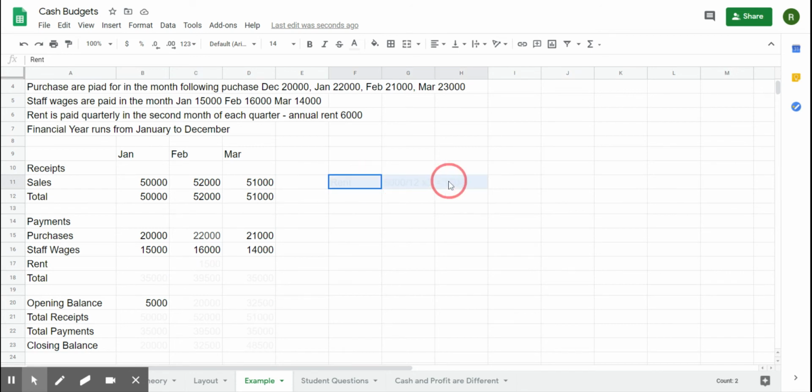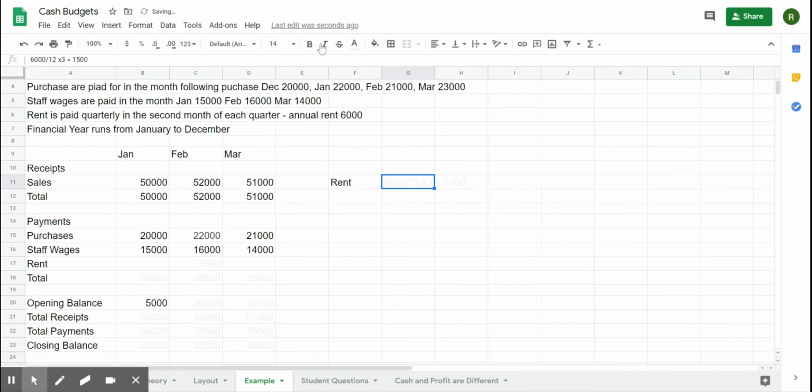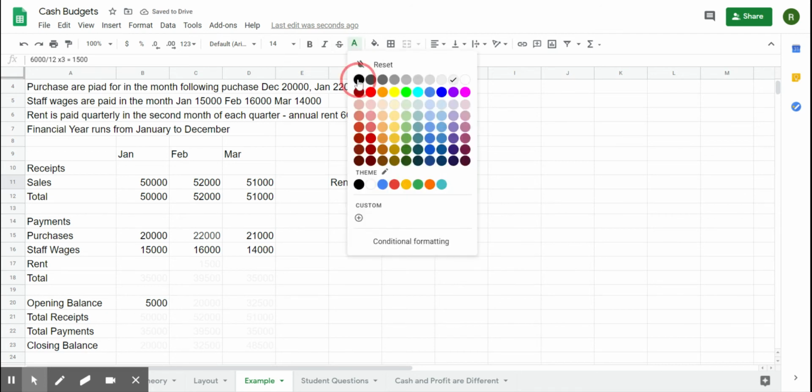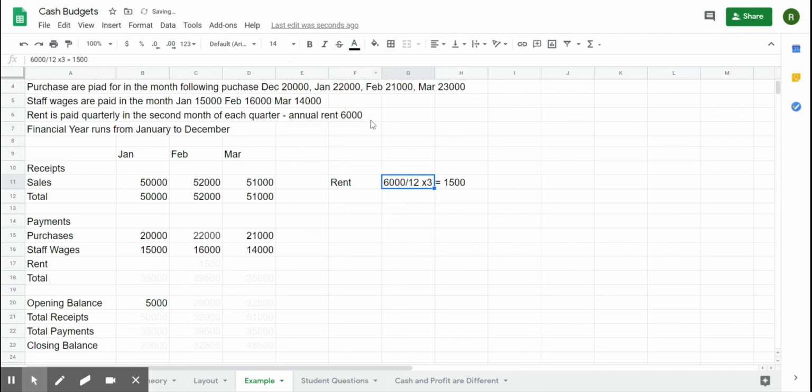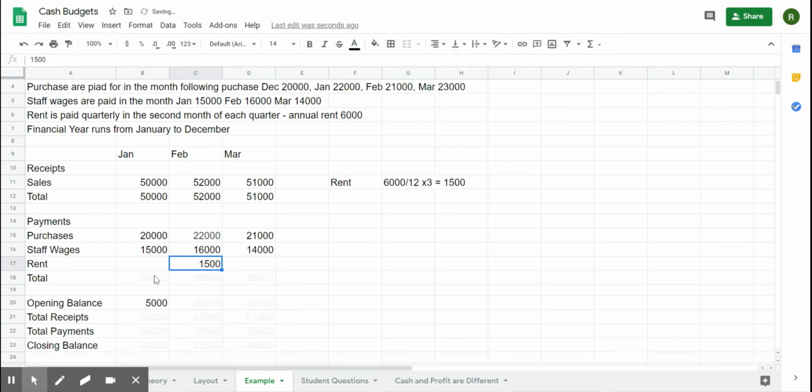And we need to do a quick calculation here to find out the amount of the rent. It's a very simple calculation. We just need to do 6,000 for the annual rent divided by 12 times 3, and that gives us 1,500 in terms of rent that gets paid in February.